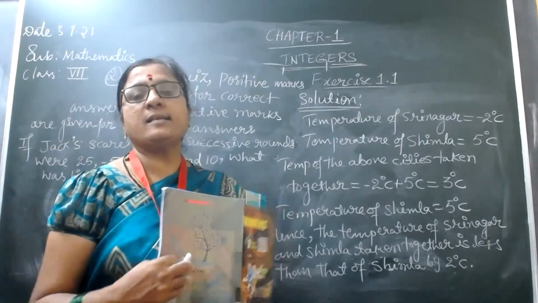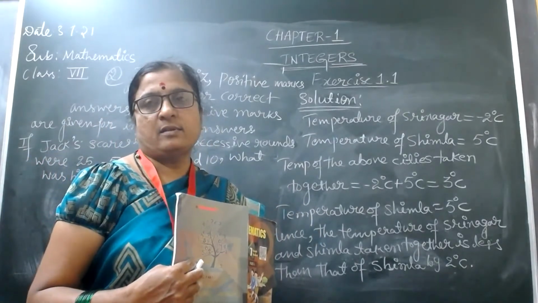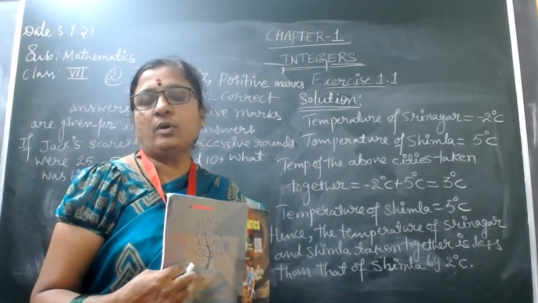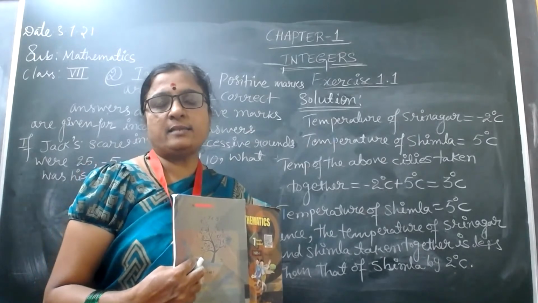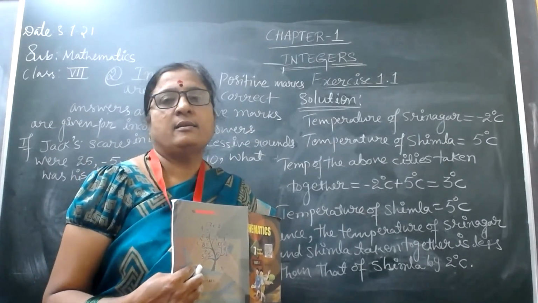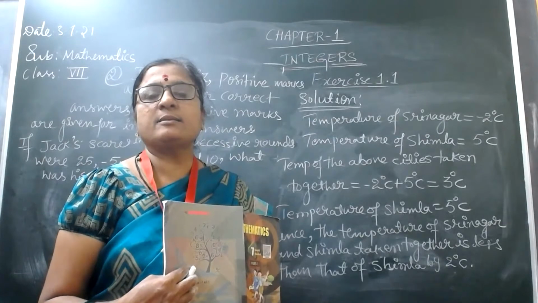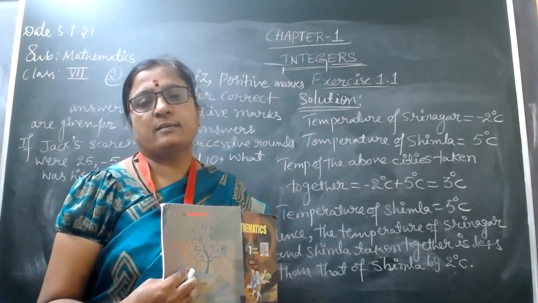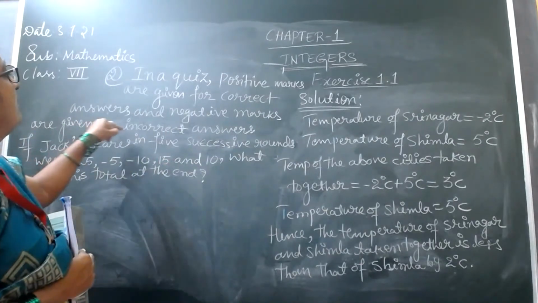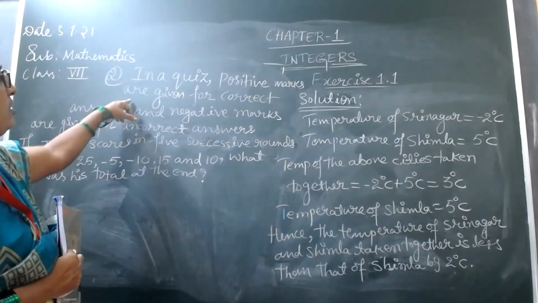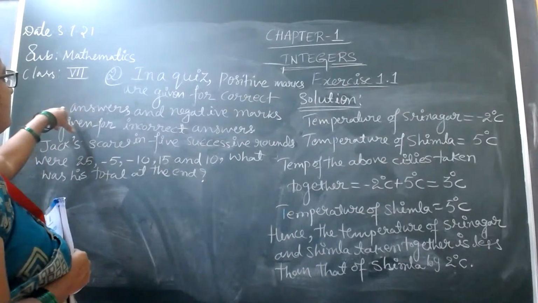For incorrect answers, negative, minus. Even you will see in TV shows also, no? Quiz competition is there, means for correct answer, positive, plus. For incorrect answers, minus, negative marks. So like that, here also positive marks are given for correct answers.